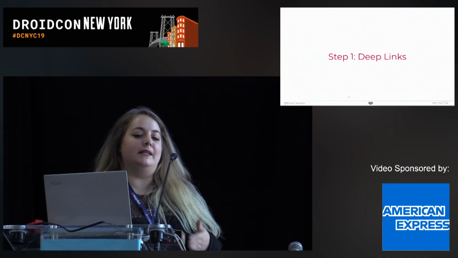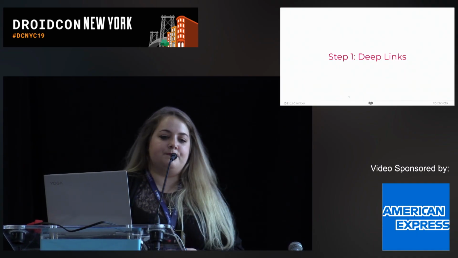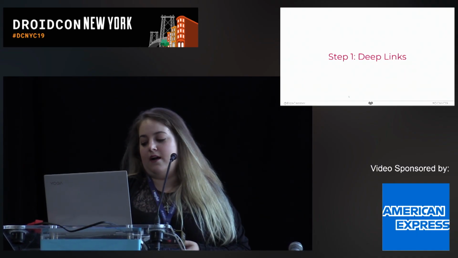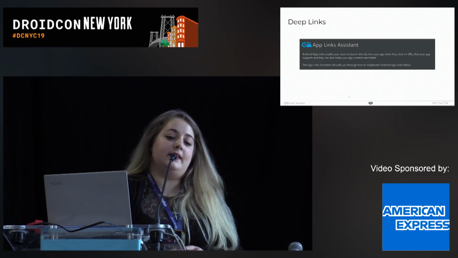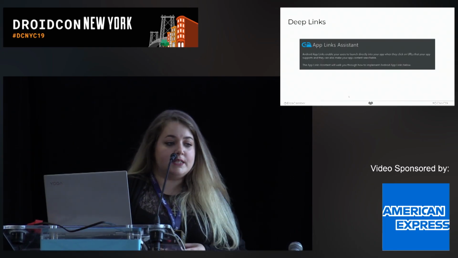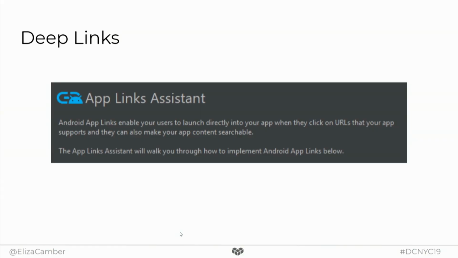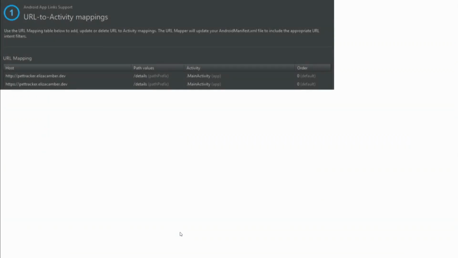And the first step of building is having the deep links. And for that, I do recommend the plugin that is in the Android Studio, and it's called the Applinks Assistant. The Applinks Assistant has like 5 steps, I think, and you really go through each one step to find out what to do. So here you can see the first step is to provide the mapping.